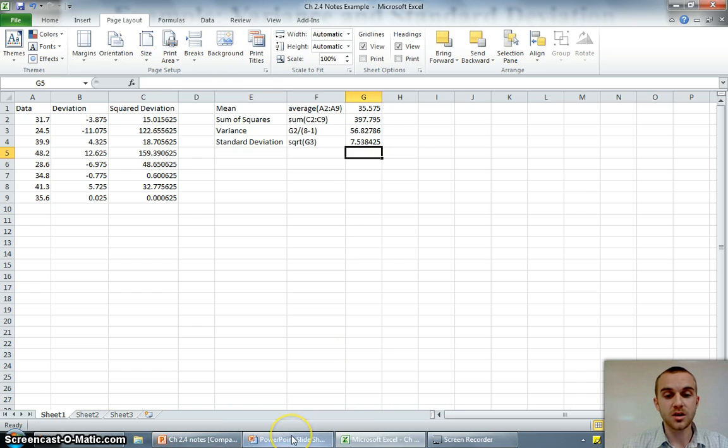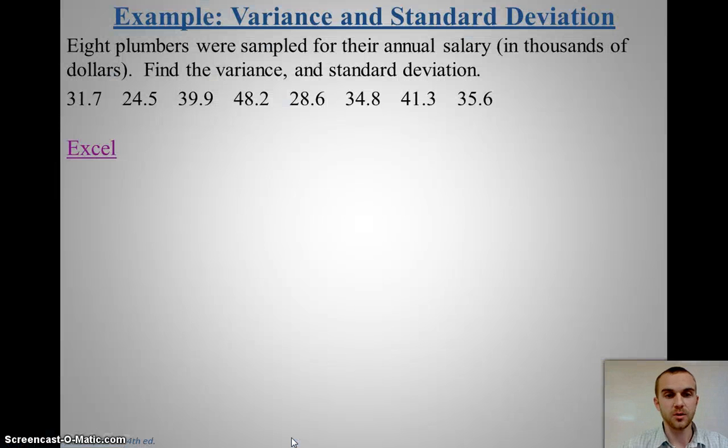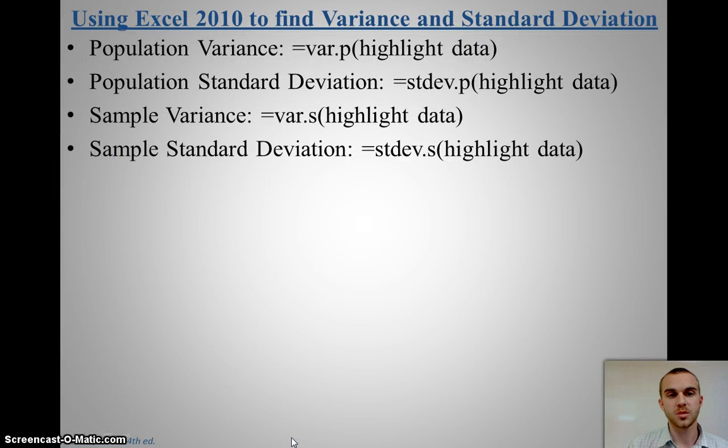Now, Excel will also do it by formulas. And the formulas are VAR for variance and STDEV for standard deviation. The important thing to pay attention to is that I put a .P at the end for population and a .S at the end for sample. That's very important.